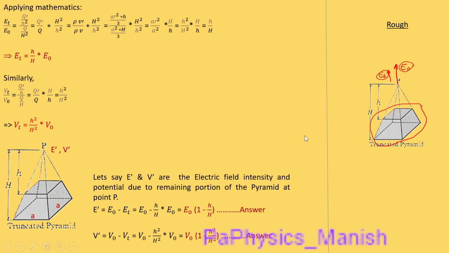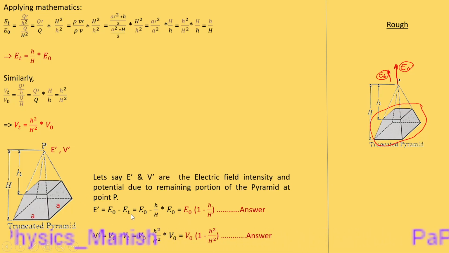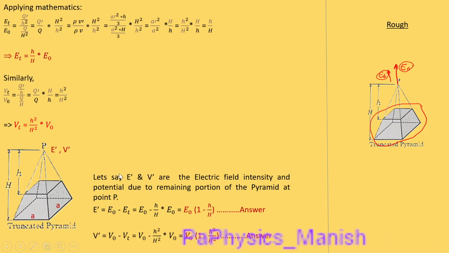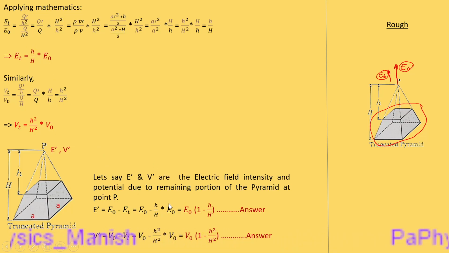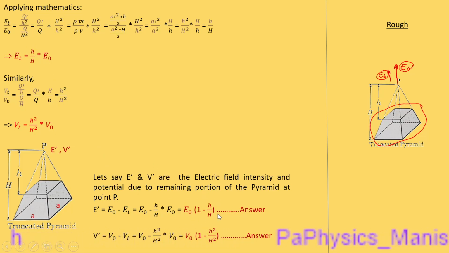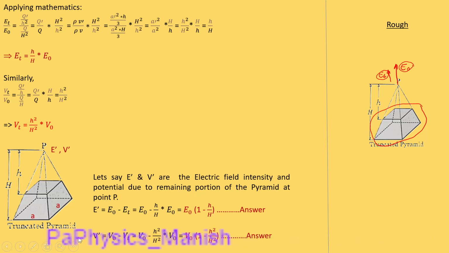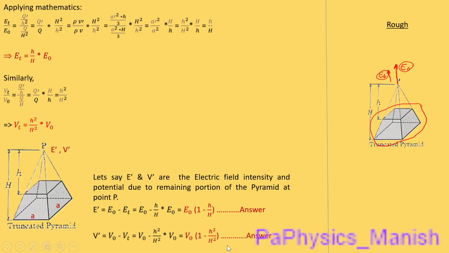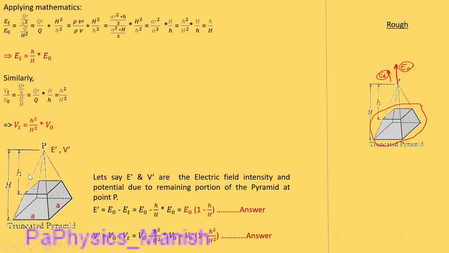So using that, E prime is E naught minus E t. We put the value of E t from here, and we get this equation. So this will be one of your answers. Similarly, for V prime, V naught minus V t. V t you can put from here, and you will get this. So this will be your answer.